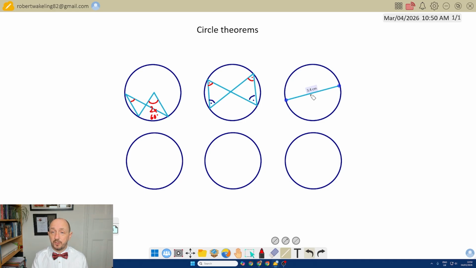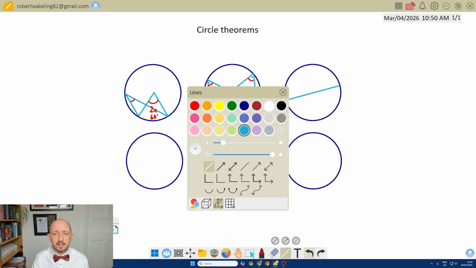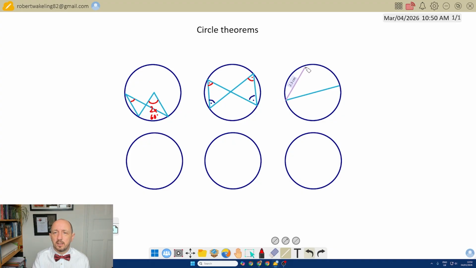Okay, so we've got the arrowhead, we've got the bow tie shape, we've got the diameter. If that goes through the center of the circle, then we can connect that to anywhere else and make a triangle like this. Or you could go down here. As long as you make a triangle where the 3 corners are on the circumference and the diameter is in play, then that will always make a right angle.